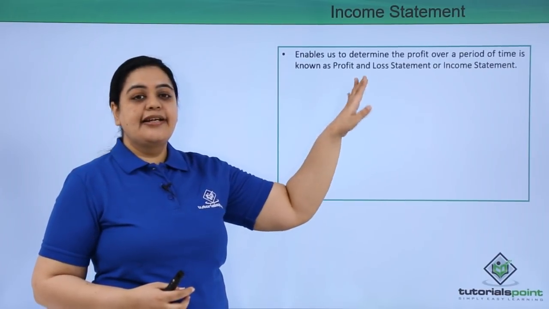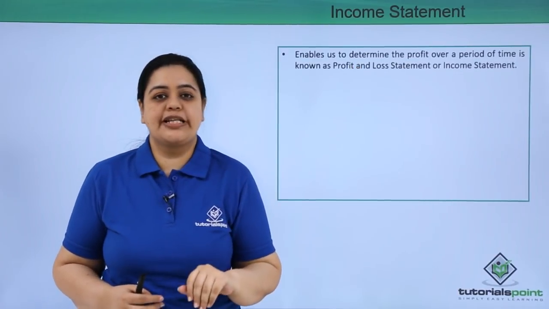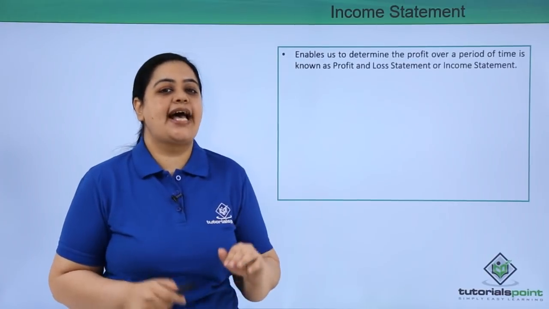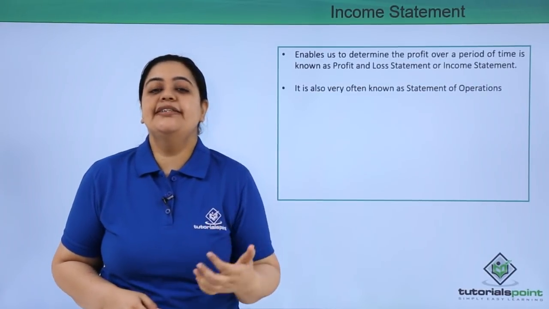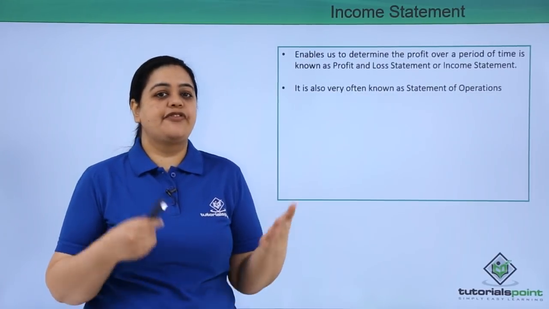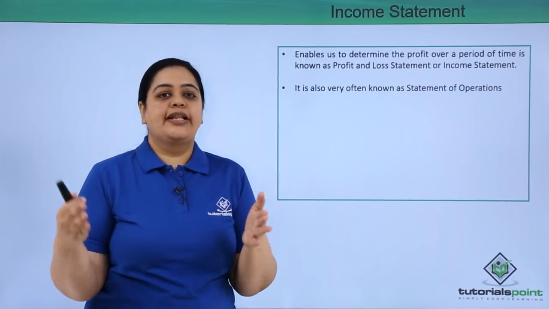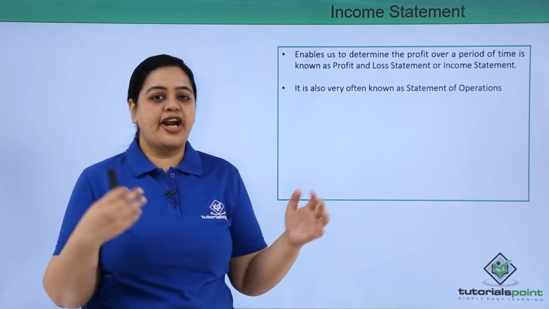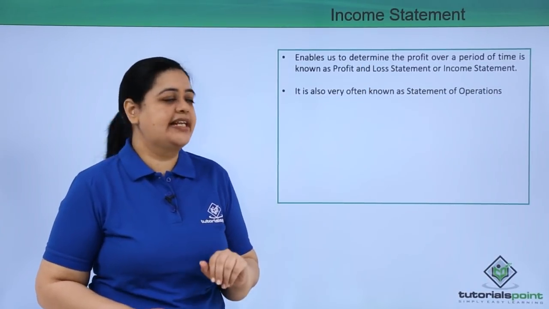So we will understand through the income statement, which is also known as profit or loss statement, how much loss or how much profit the business has made. It is also sometimes known as statement of operations. If you want to understand more on these things, you can download an annual report of any company and try to see how the income statement or profit or loss statement looks like.